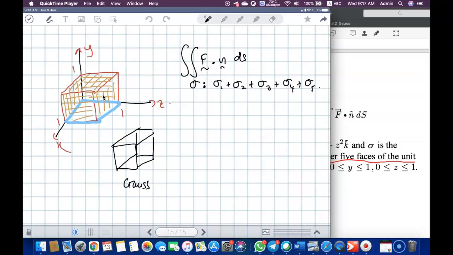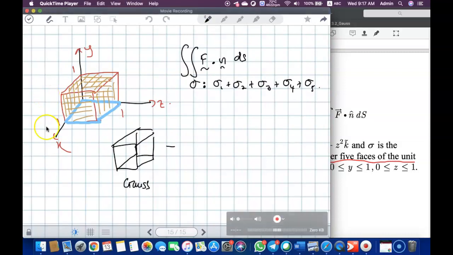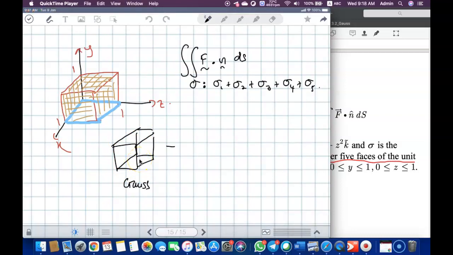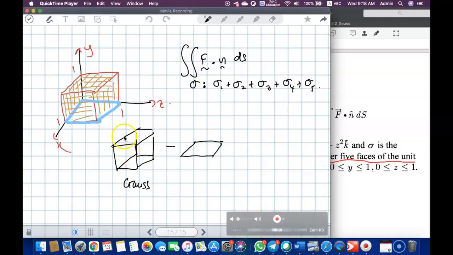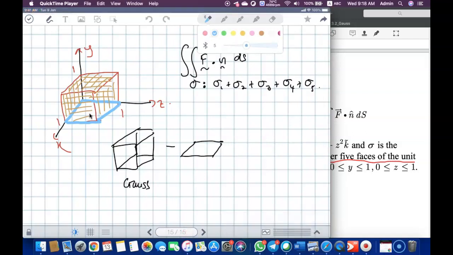I think I have mentioned this before. You can use the Gauss, where you consider the whole surfaces 6, and then you just subtract the surface integral for the surface given by this one in blue.